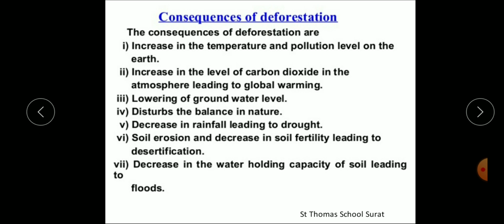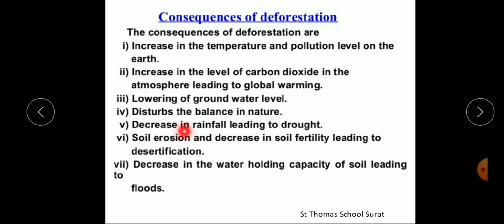So destroying trees will lead to a lower amount of water vapors in the atmosphere. So this makes the atmosphere drier and leads to reduced rainfall. Understood? Then it disturbs the balance in nature also.